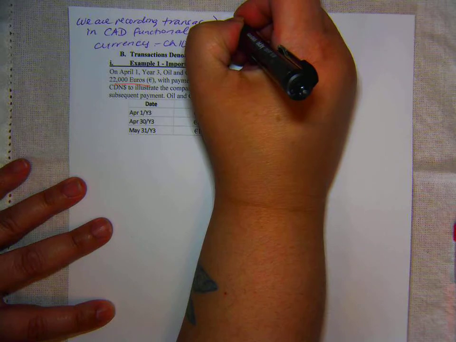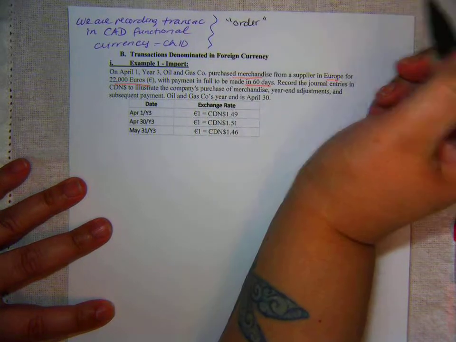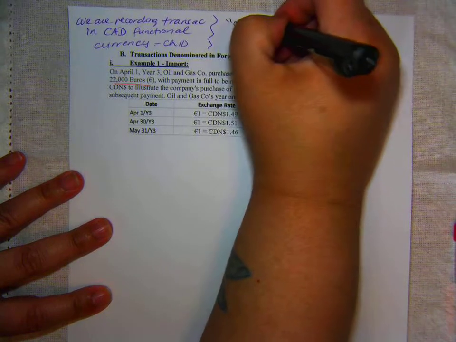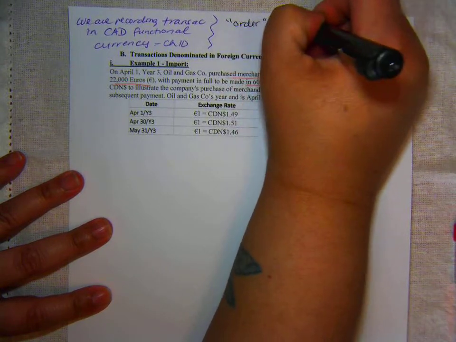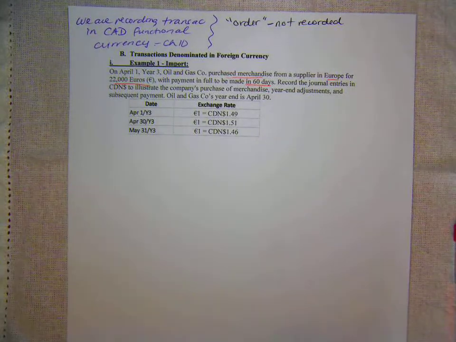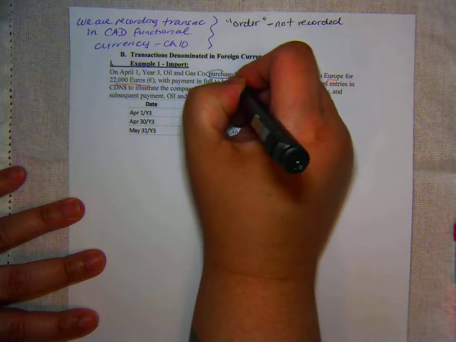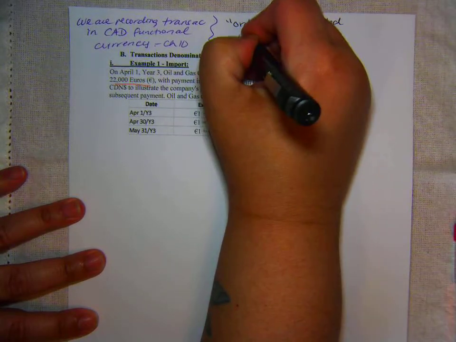If something says order, if we made an order, it's not recorded. You learned that way back in 311, probably in passing. But if there's an order, it's not recorded. When it actually says purchased, that means the transaction has occurred.